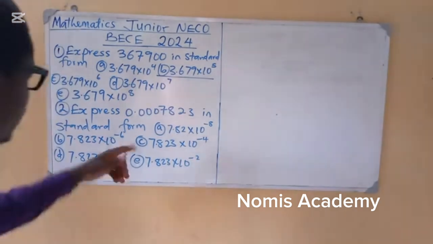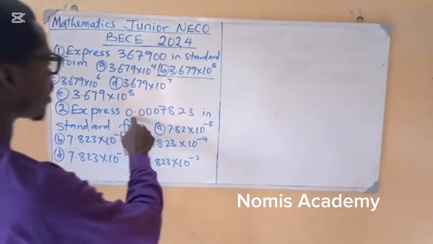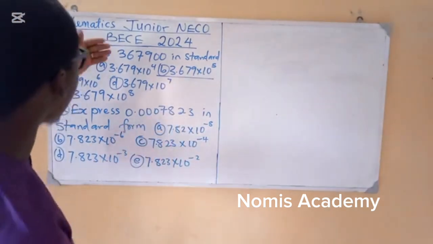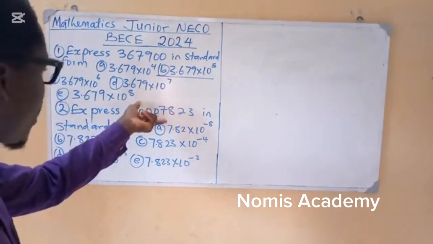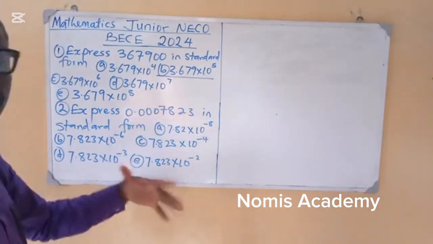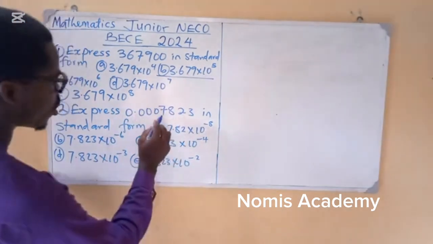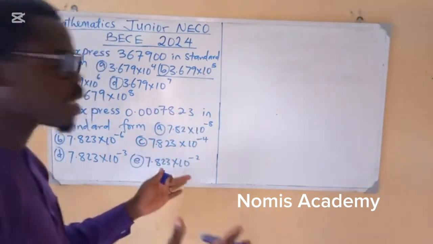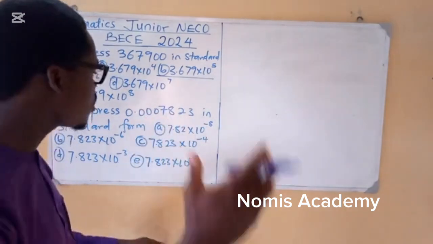You can see this problem is quite different from the first one given. This is a number less than 1, while the first was a number greater than 1. Now we are required to express this number in standard form. Still doing the same thing, we are going to consider 7823. Now let's see how we can restrict this number within the interval 1 and 10.